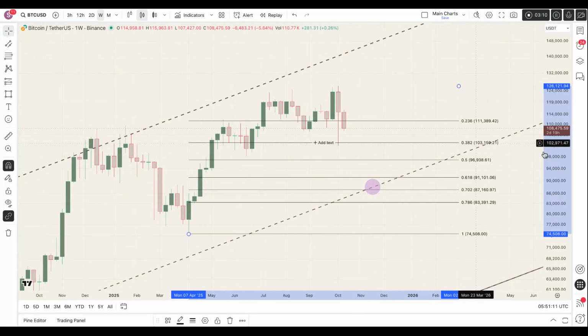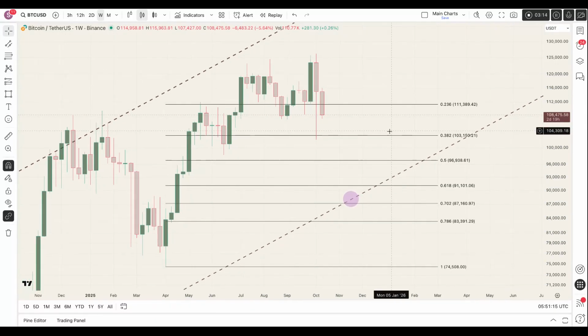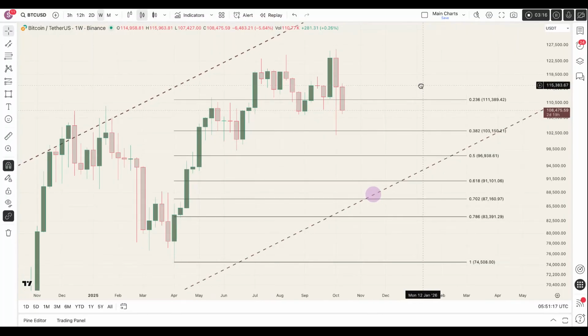Now, that purple dot can stay or it can be removed. I don't really care about that. Now, what happens is the 702 is the OTE. That's the golden pocket. It's between the 618 and 786. It's called the optimal trade entry, OTE, because the 702 lies squarely in between the 618 and the 786.